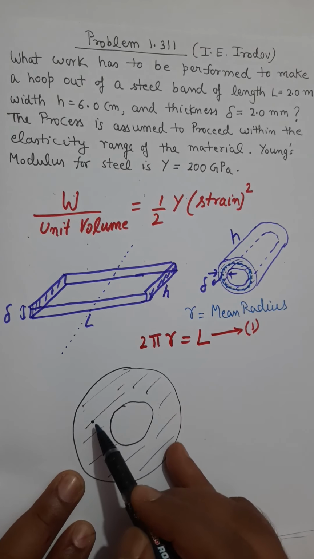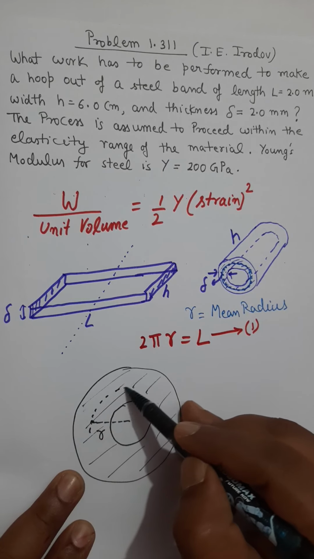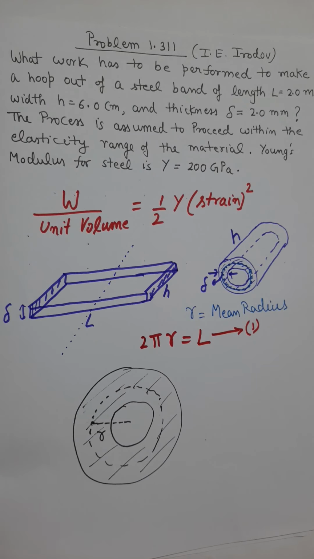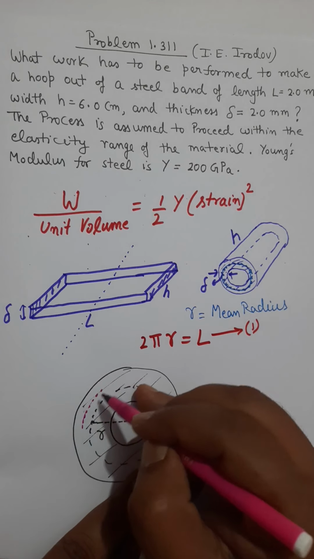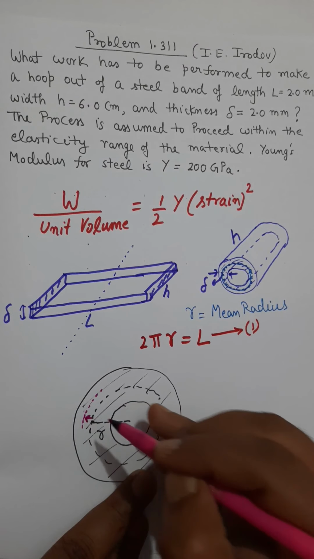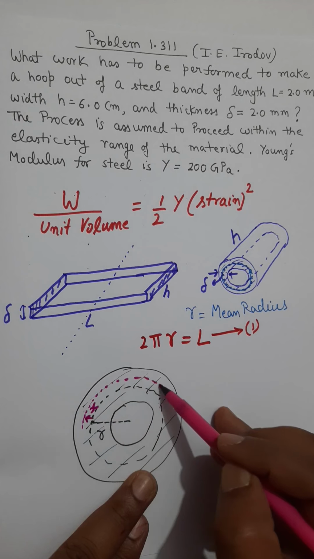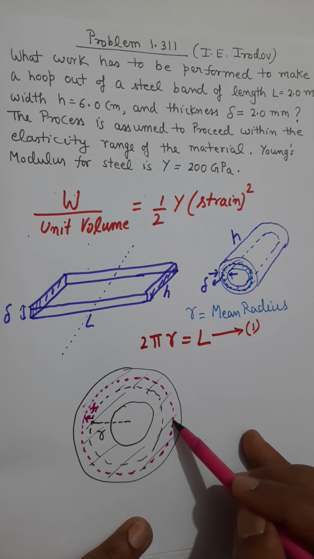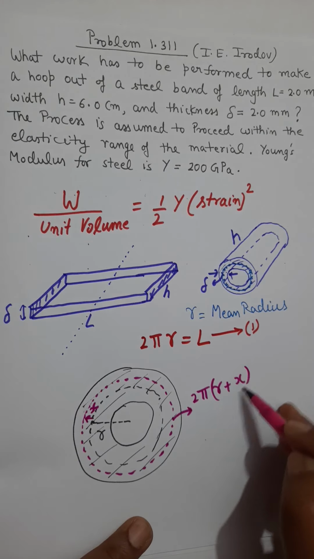Its mean radius, the average radius, is taken as small r, and the circumference corresponding to that average radius is equal to the length L. Now if I consider a layer which is x distance from the mean radius, we will find a new layer, and the circumference of this portion will be 2 pi (r plus x).